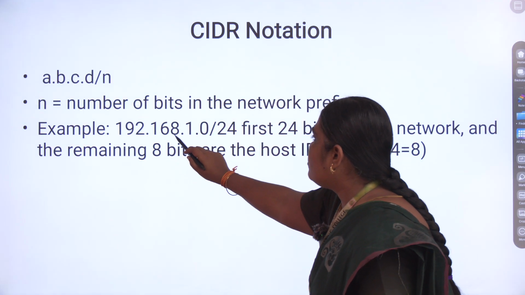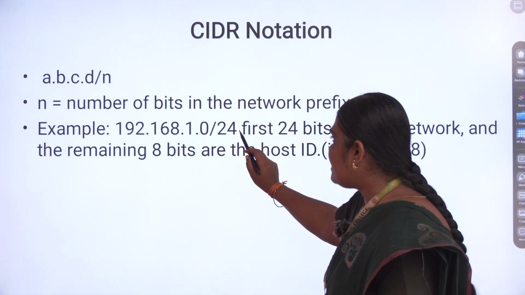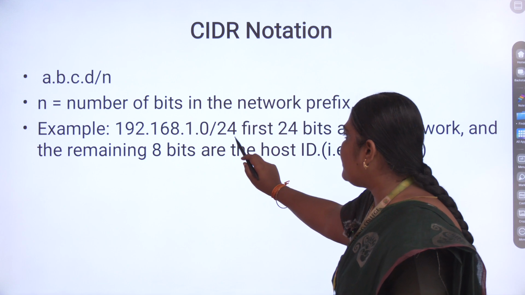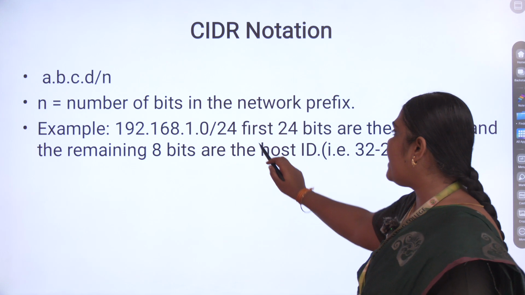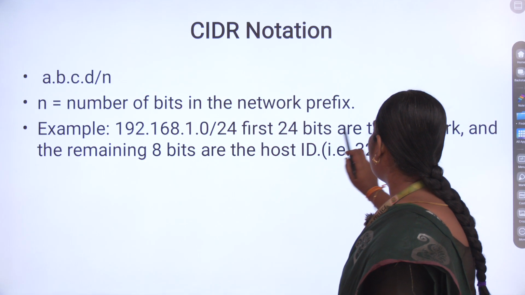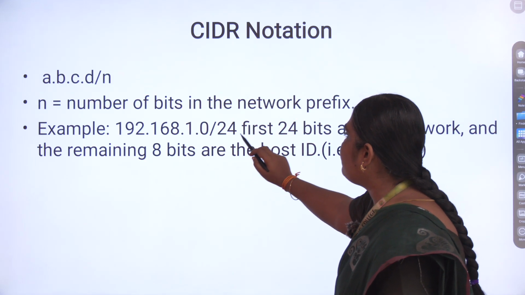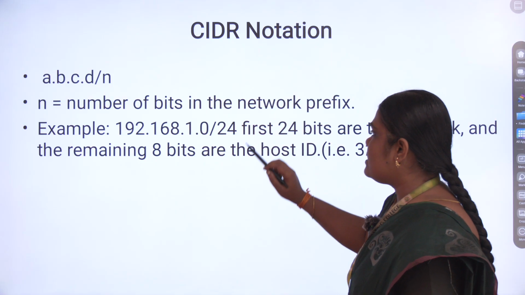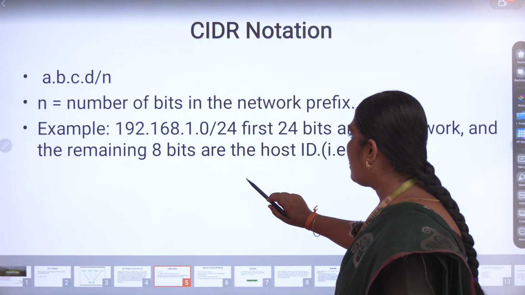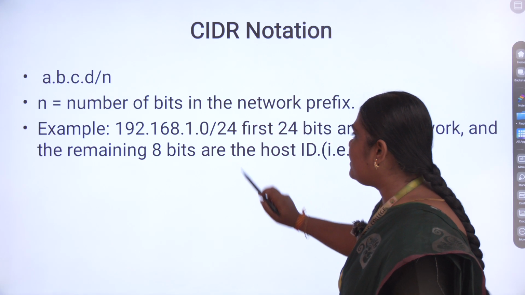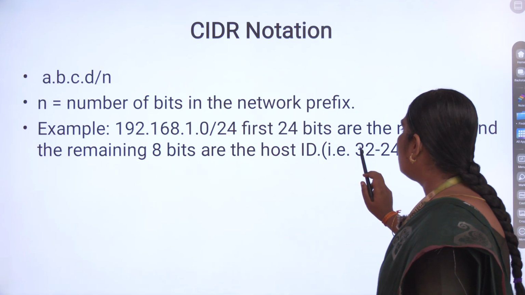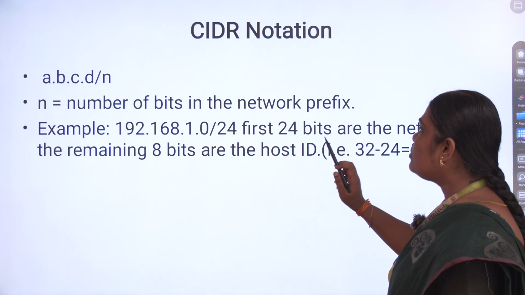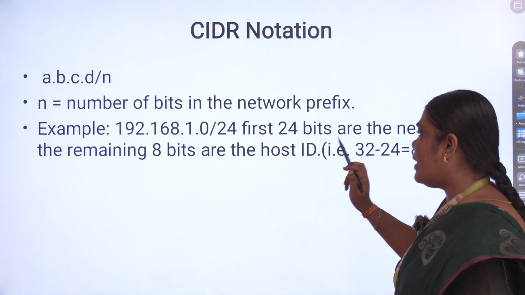In 192.168.1.0/24, this is the CIDR notation. It denotes that the first 24 bits are the network address. The remaining bits will be the host address. Also, we have to look at one thing.